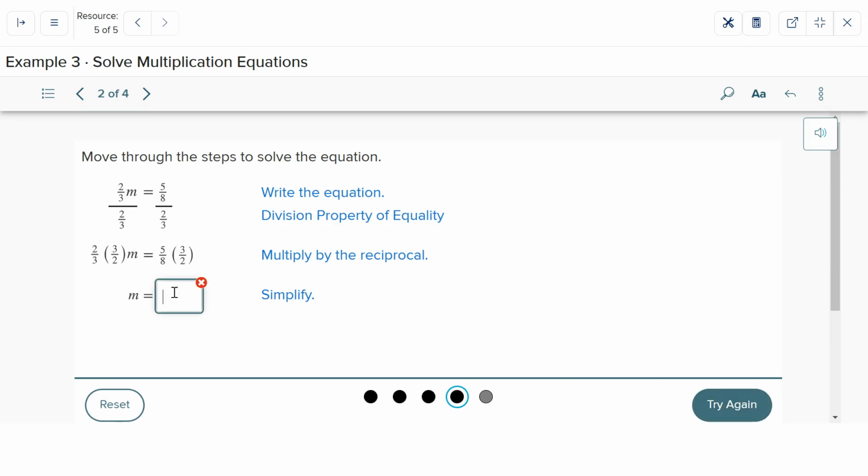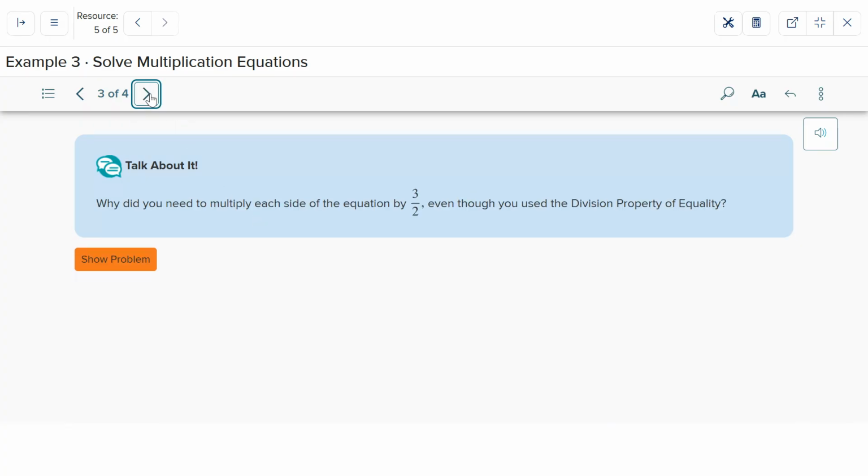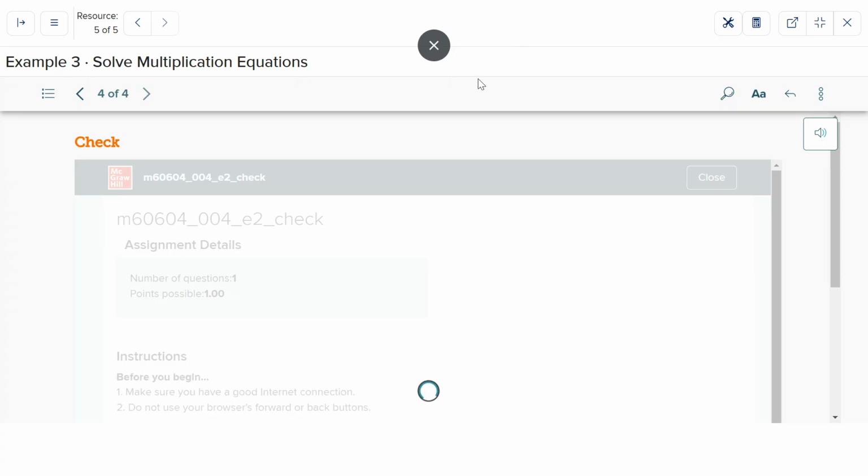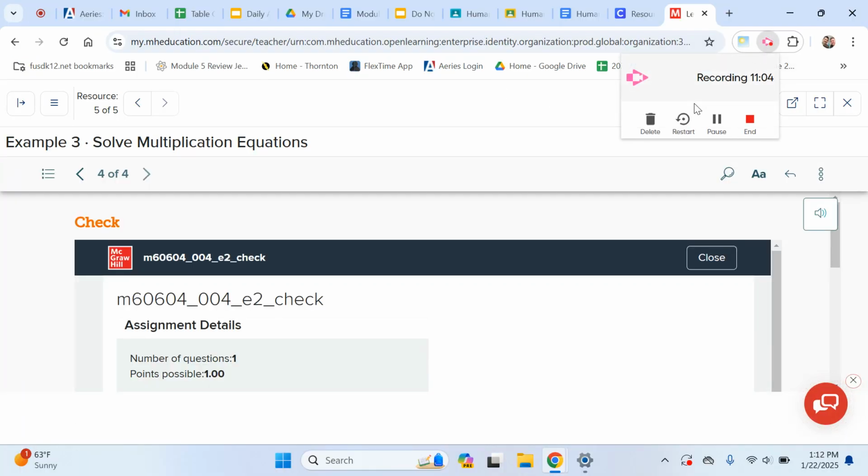So when you multiply fractions, remember you can multiply straight across the top. So we can go 5 times 3 is 15, and then 8 times 2 is 16. It doesn't let me type that. Anyway, do the check, and we're going to move on to the next part.